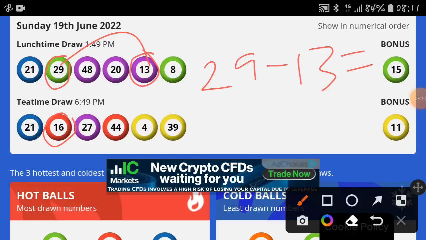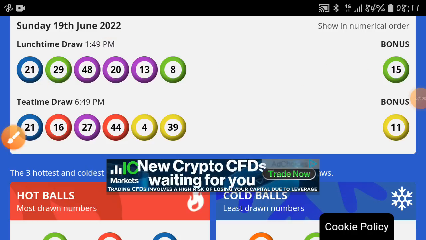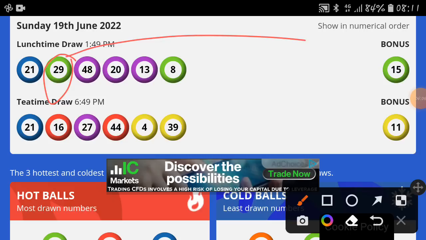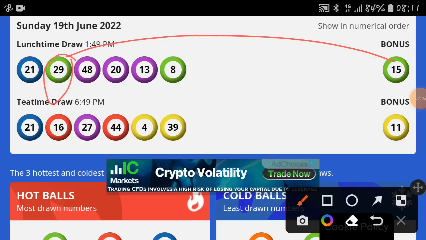It gave us 16. Then the same numbers, we take 29, add or subtract with the bonus.